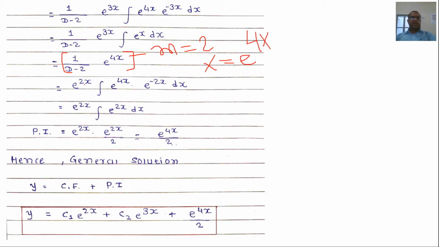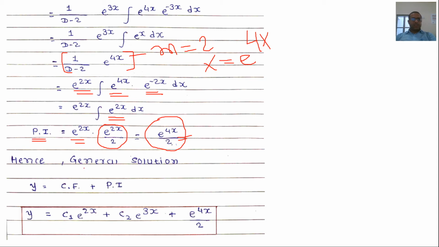So by applying the result, you will get e raised to 2x integration e raised to 4x into e raised to minus 2x. Simplifying this, you will get integration of e raised to 2x, and the integration of e raised to 2x is e raised to 2x divided by 2, into e raised to 2x. So finally you will get e raised to 4x divided by 2. This is the particular integral, PI.